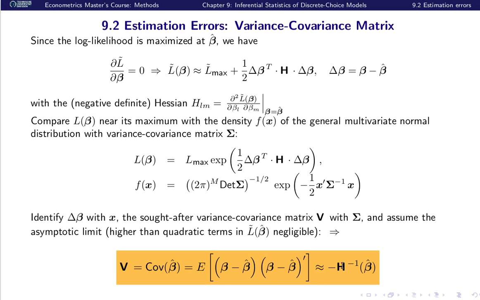That means we need to multiply it by -1, but it can also be seen here. Here's a minus and here's no minus, so one minus must be here. And this is a very essential result, that it's very easy to get the variance-covariance matrix: just calculate the Hessian and invert it.